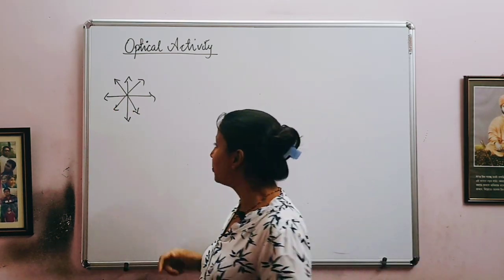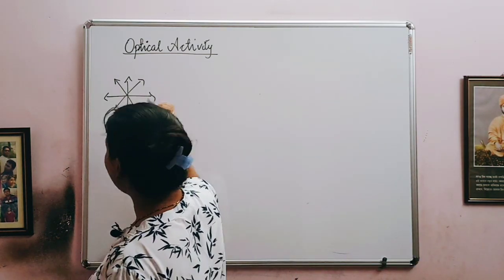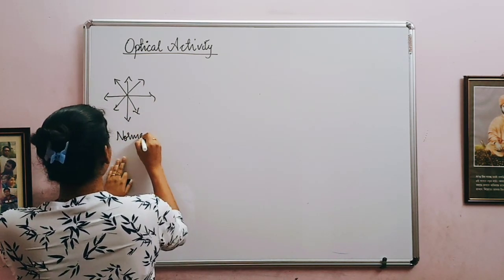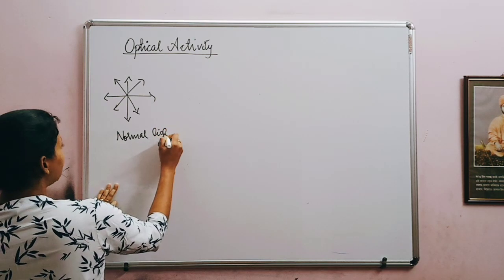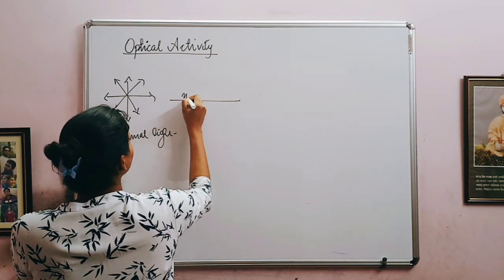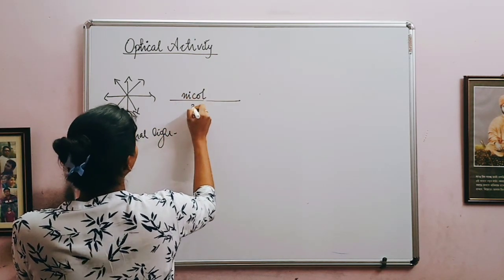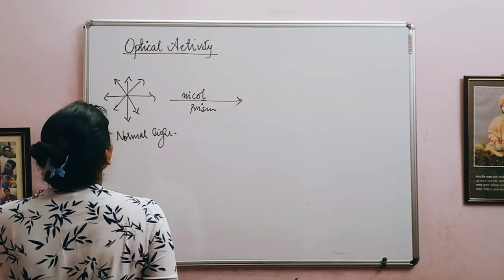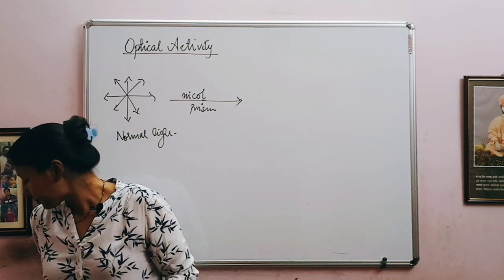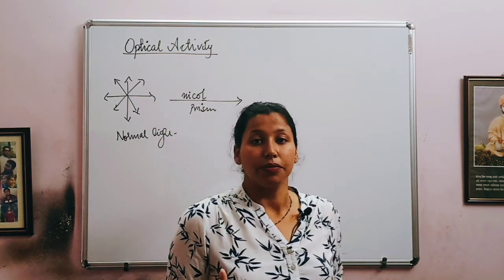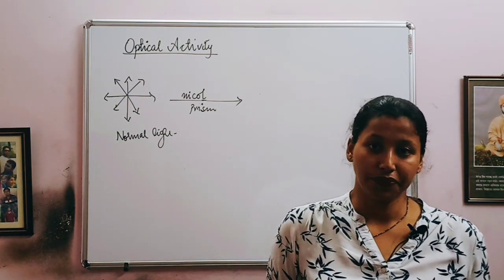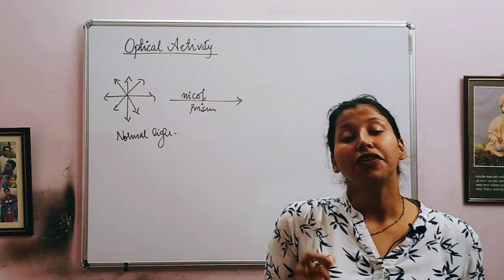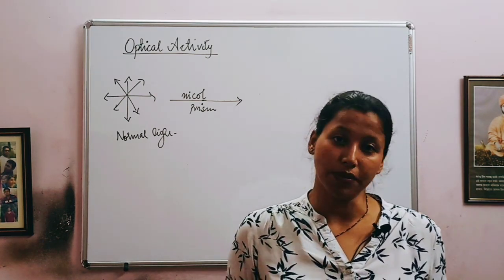Now if we pass this normal light through a nickel prism, the nickel prism is a special type of prism which is made up of crystalline calcium carbonate.